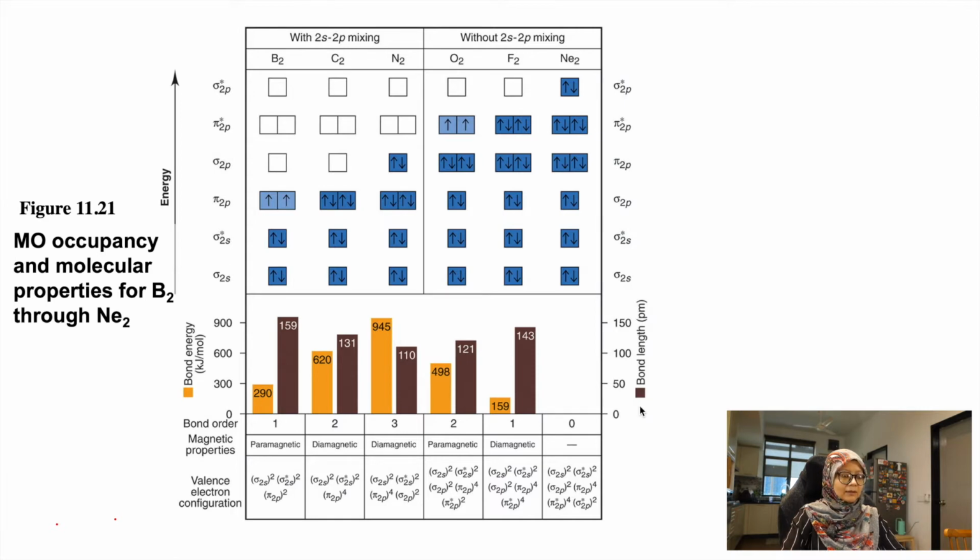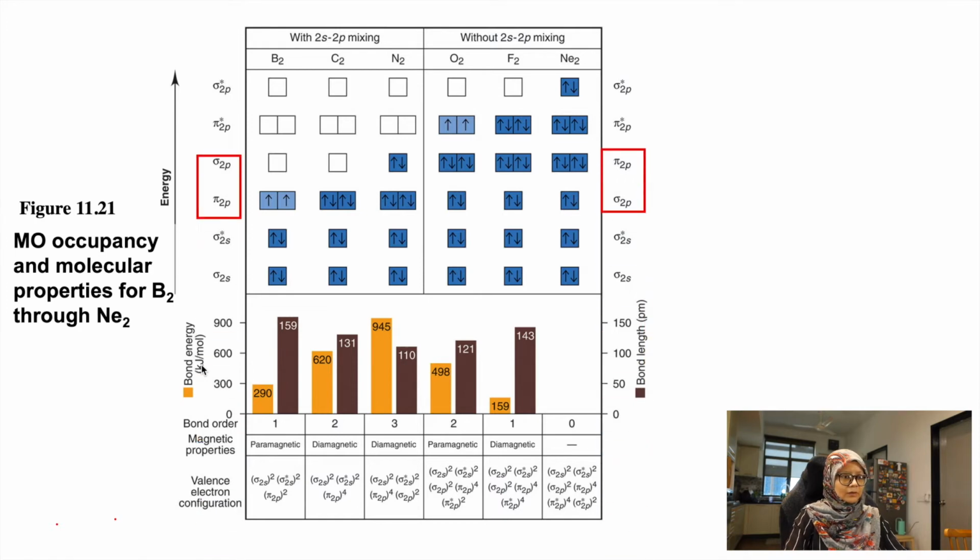If we have a higher bond order, you're going to have a shorter bond length. In this case, the highest bond energy is for nitrogen N2, 945 kilojoules per mole, because the bond order here is 3. We can determine the bond length and also the bond energy.